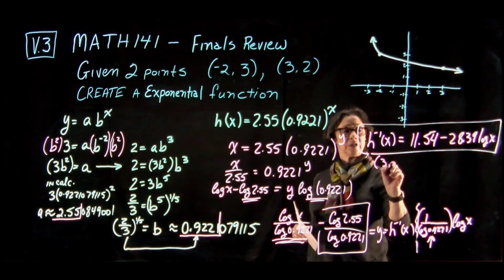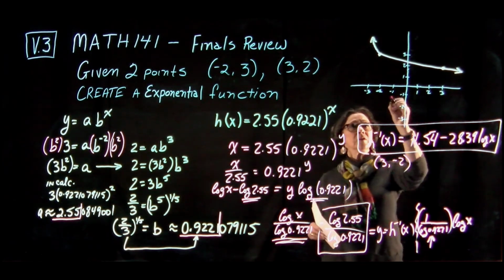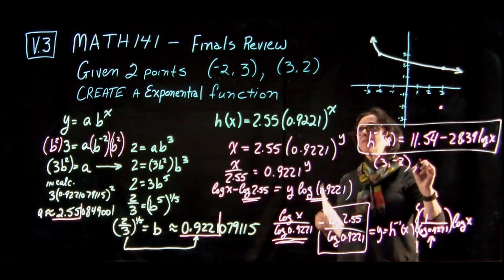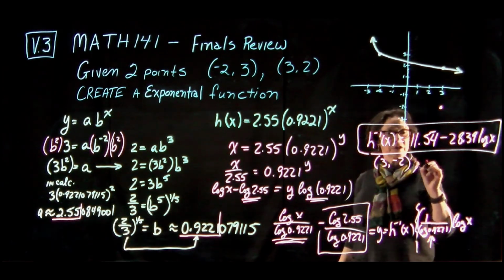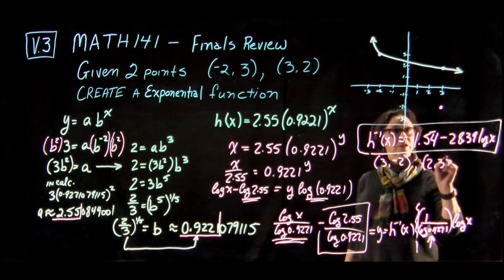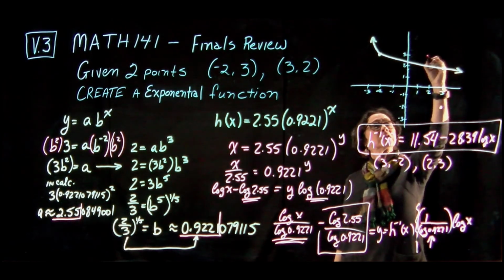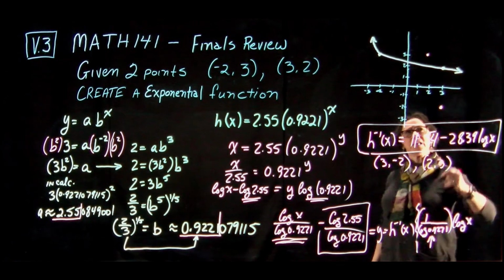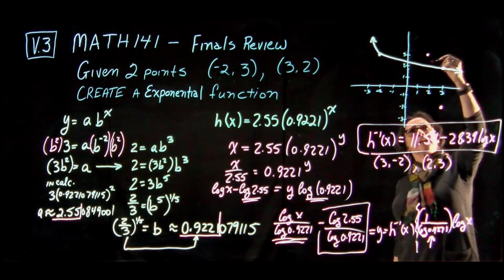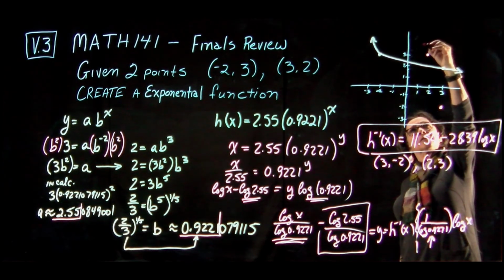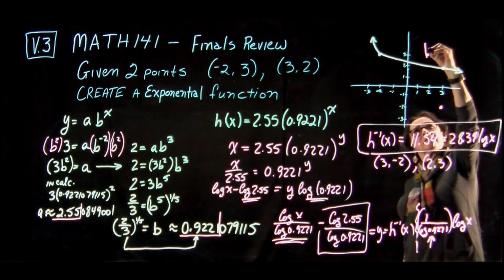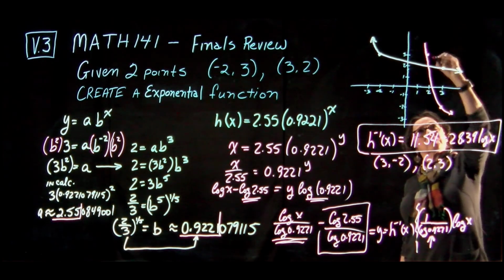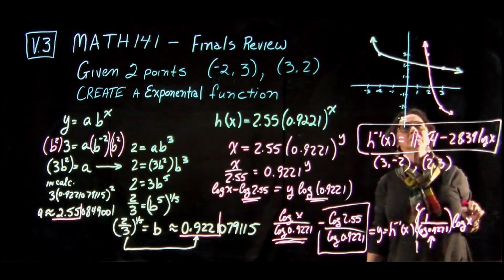So we have 3, -2, and switching our 3 and our 2 here, we get 2, 3. And so we are going to create the opposite, the inverse function.